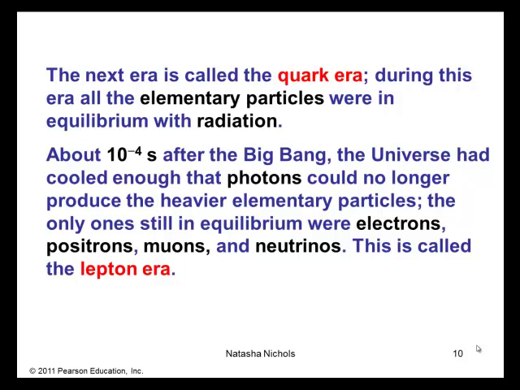After about 10 to the minus 4 seconds after the Big Bang, the universe had cooled enough that photons could no longer produce the heavier elementary particles. The only ones still in equilibrium were electrons, positrons, muons, and neutrinos, which is why this is called the lepton era.